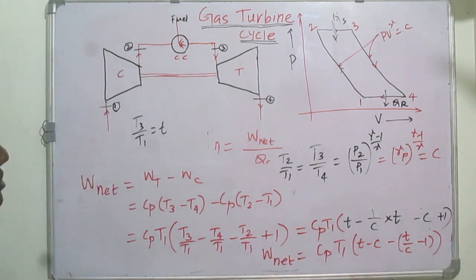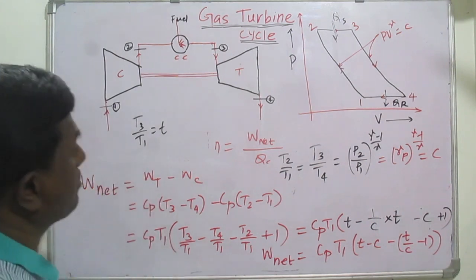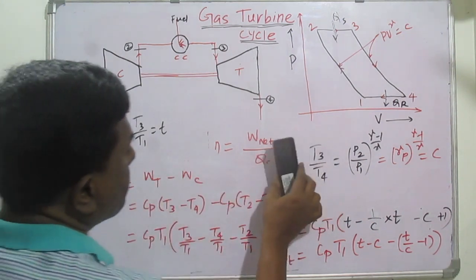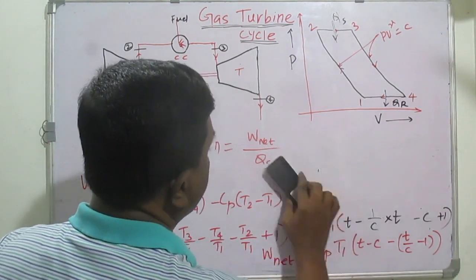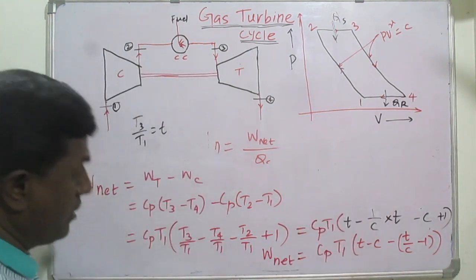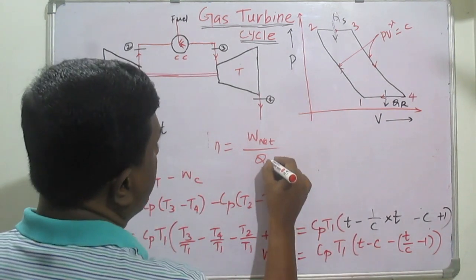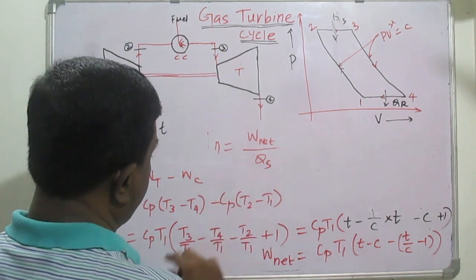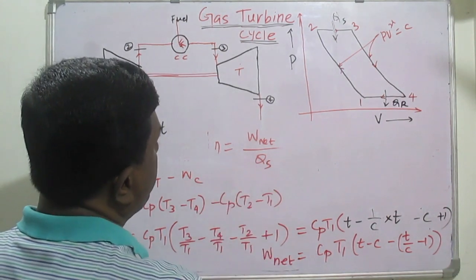Now let's go for the equation of efficiency. The efficiency is equal to W net by Qs.